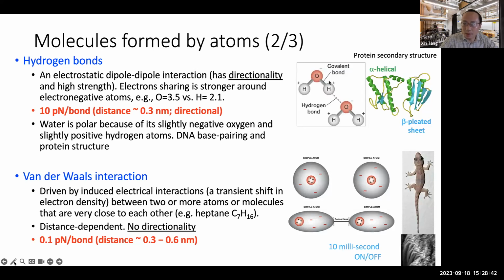But because the water molecule has this positive and negative charge distribution, between water molecules the positive part close to the hydrogen can attract the negative part from the oxygen atom of a neighboring water molecule. Then they can adhere to each other. That forms a kind of interaction bond called a hydrogen bond.